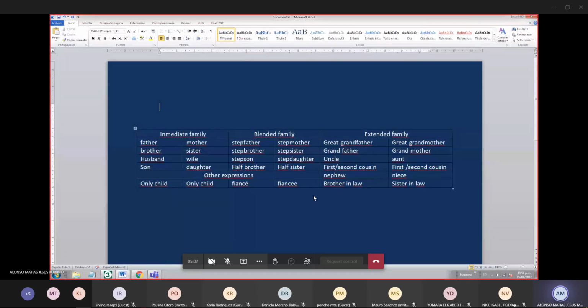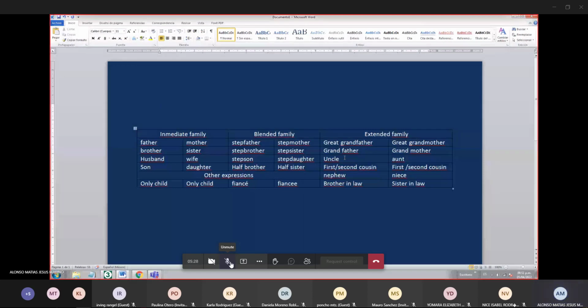But we also have something called the extended family. The extended family are the ones who are the farthest from us. Okay? The farthest from us.